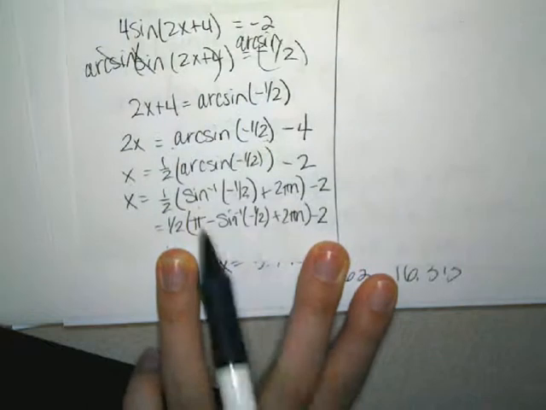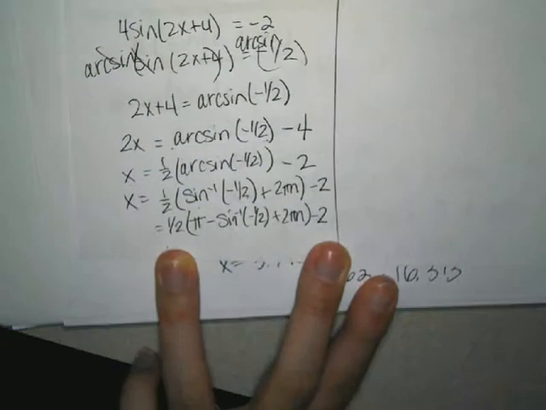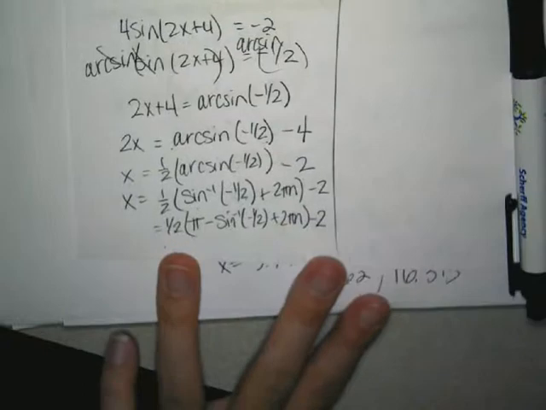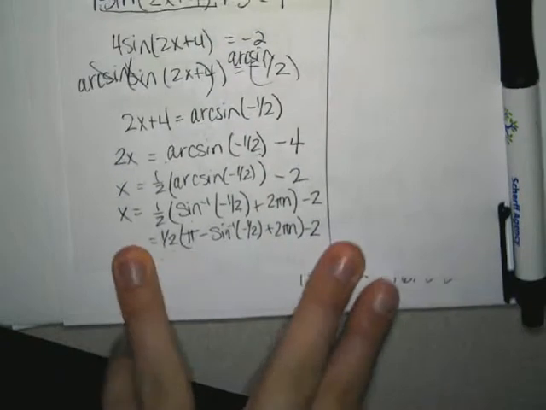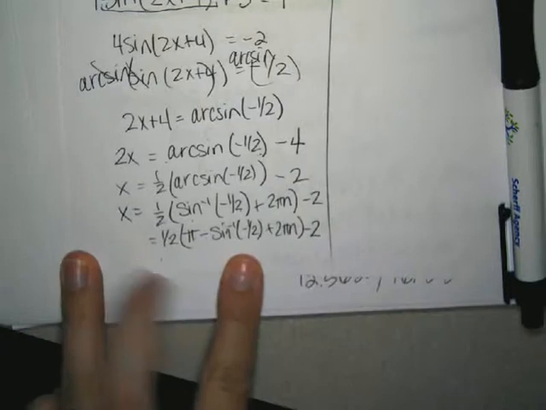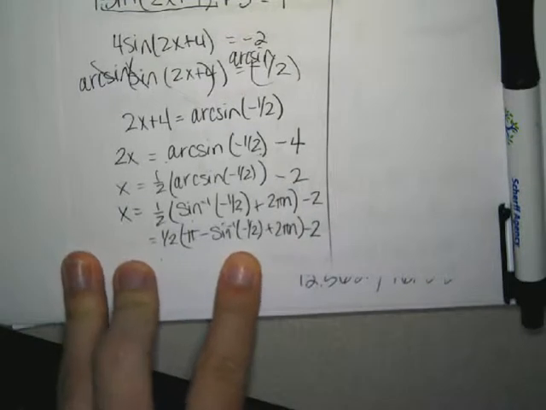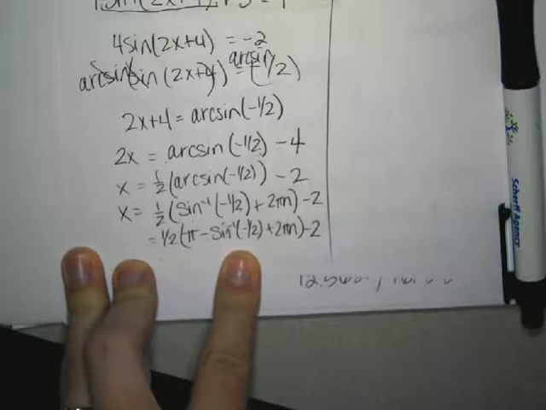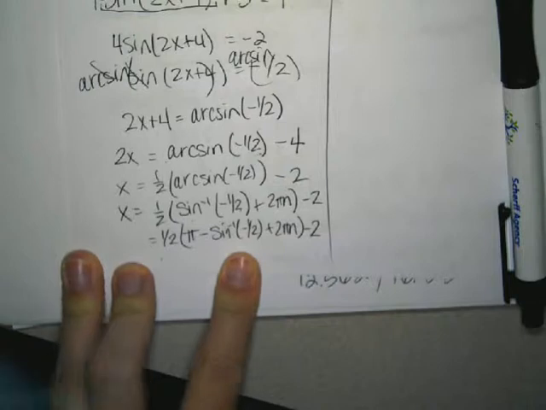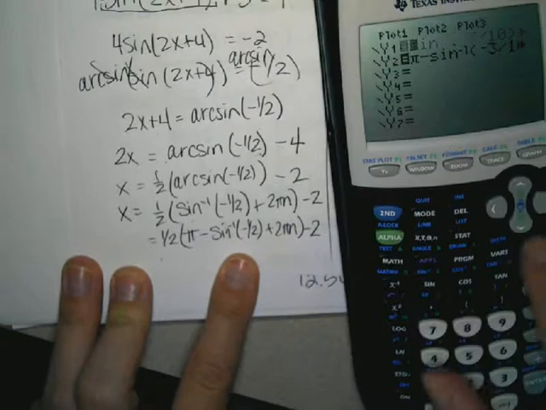And then we're going to subtract 2 from the end. Next one, 0.5. And then in parentheses there, we have pi minus sine to the negative 1 of negative 1 half plus 2 pi n, close the parentheses, subtract 2.